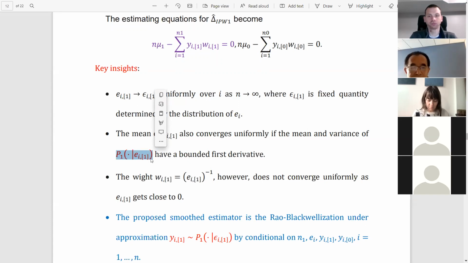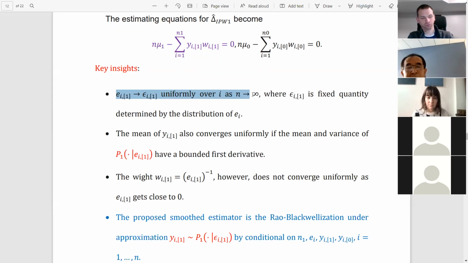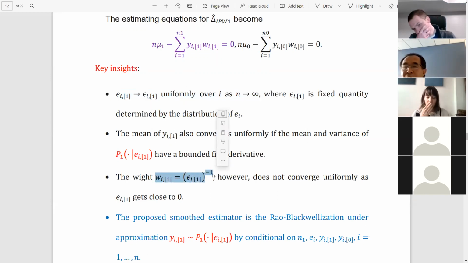So all the order statistics of the propensity score will converge, and that leads the mean of the outcome variable to also converge under certain conditions. But the weights do not converge, because the weight is 1 over the propensity score, so you don't have a finite first derivative. So the weights do not converge. Am I convincing so far?